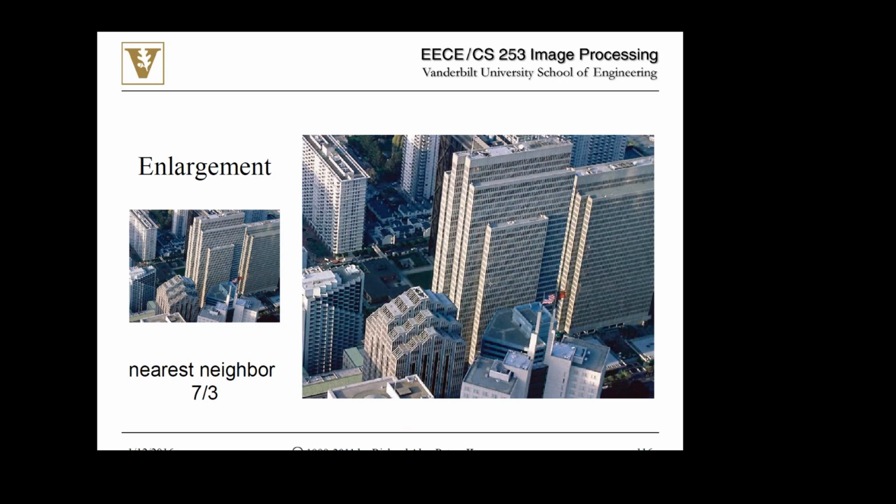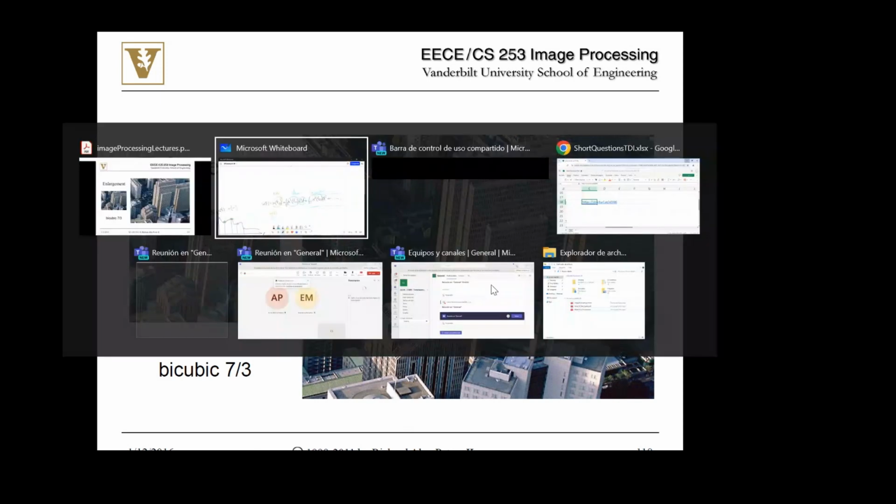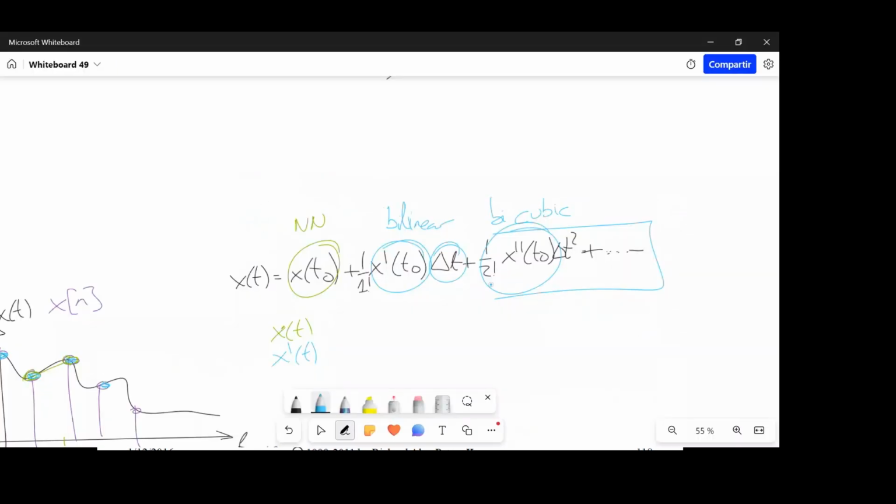And now in the opposite direction. So now we are making it bigger. This is the nearest neighbor, bilinear. So the cubic is the best approximation because it has more terms in this Taylor expansion.